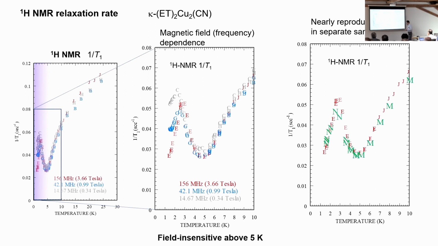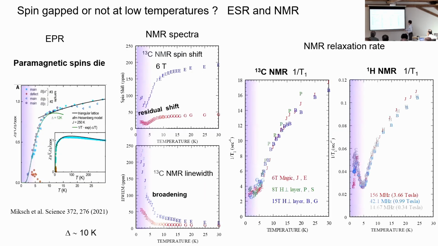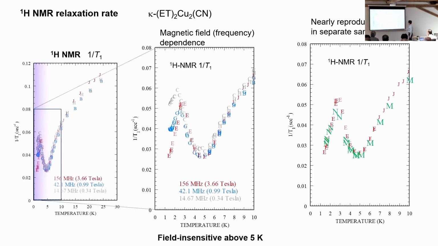Usually when you increase the magnetic field, the Zeeman gap increases, so the NMR relaxation rate is suppressed in the whole temperature range. However, in this temperature range, at higher magnetic field the relaxation rate goes higher.